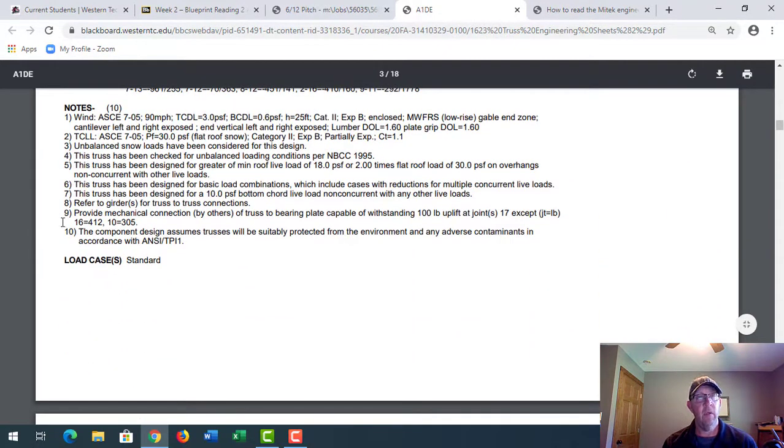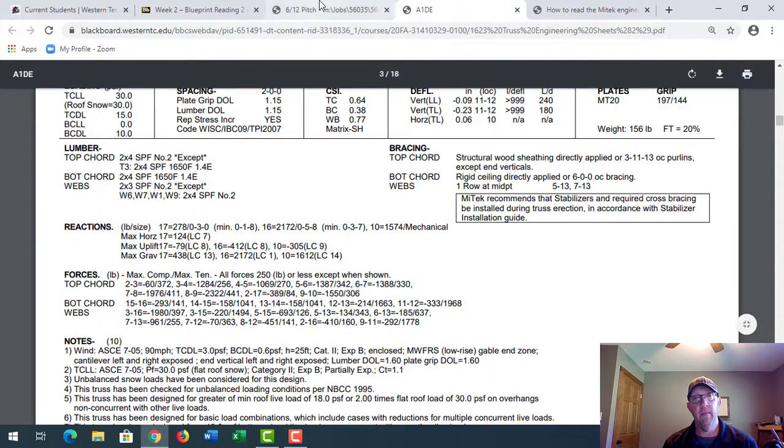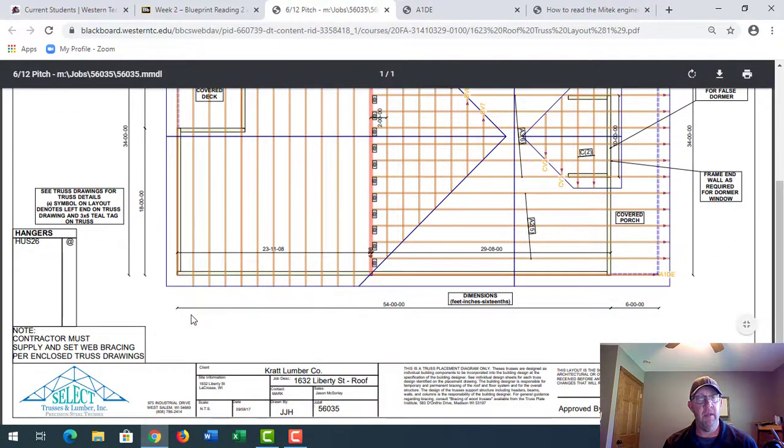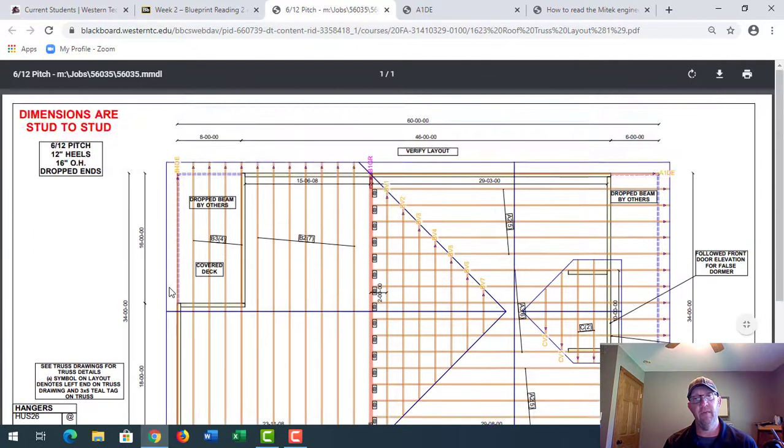Here it's telling you, provide mechanical connection by others, which is a different manufacturer of truss to bearing plate, and it's telling you it has to be capable of withstanding 100 pounds of uplift. Okay, and so on your truss plan, there's going to be a little area here for hangers. Okay, so this is the hanger that's going to be required for that particular truss.